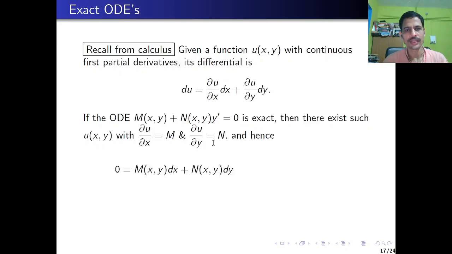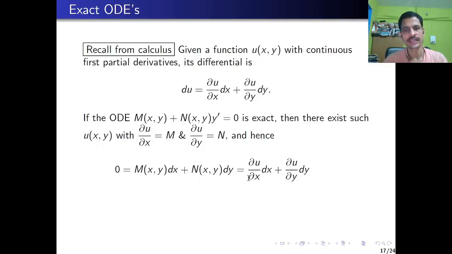So what happens is, this ODE that is given to us is exact, we can write it in this form, namely 0 is equal to M(x,y) dx + N(x,y) dy, and we know that this is exact, so we can replace M(x,y) by ∂u/∂x and N(x,y) by ∂u/∂y.